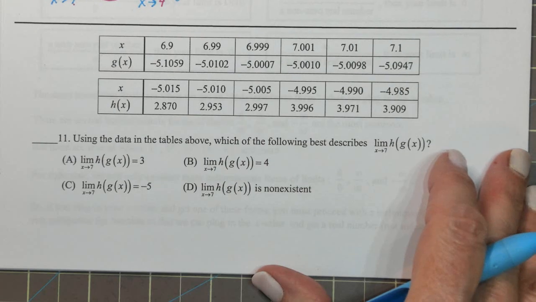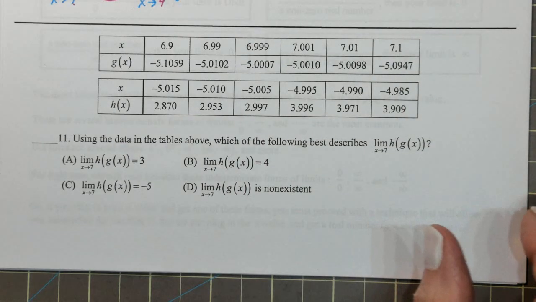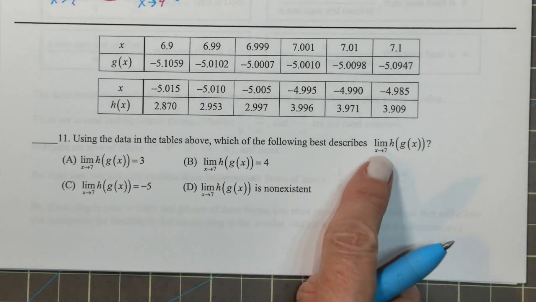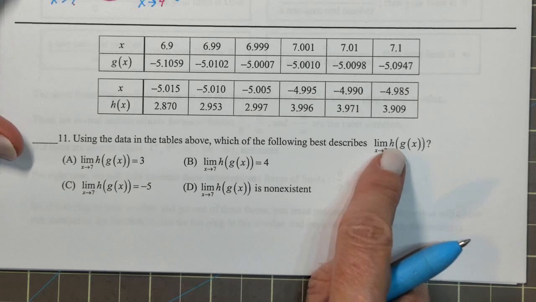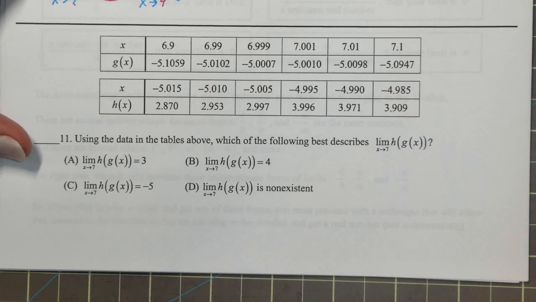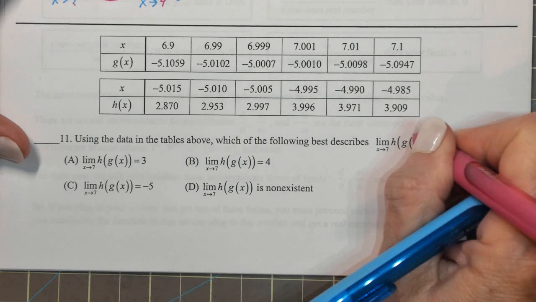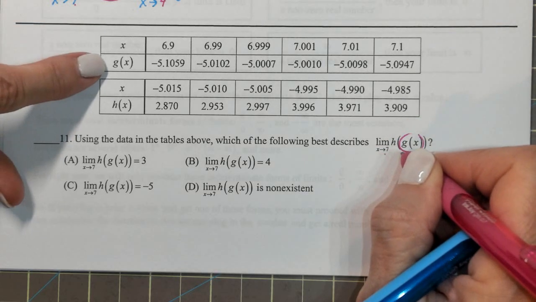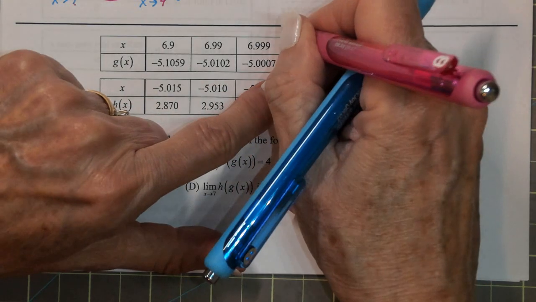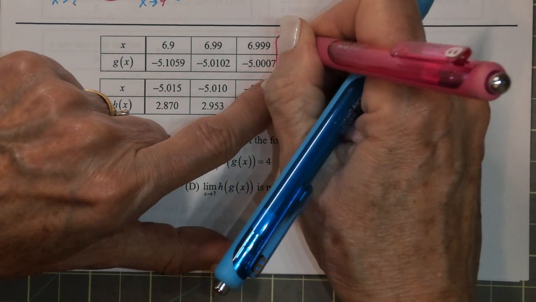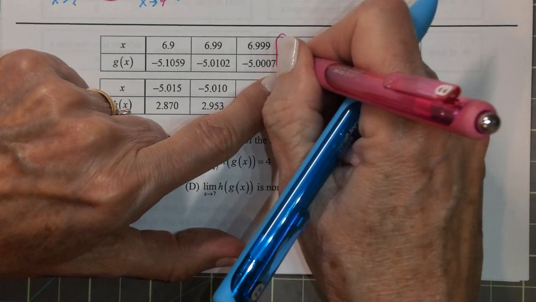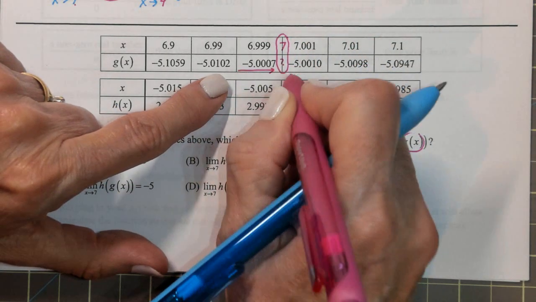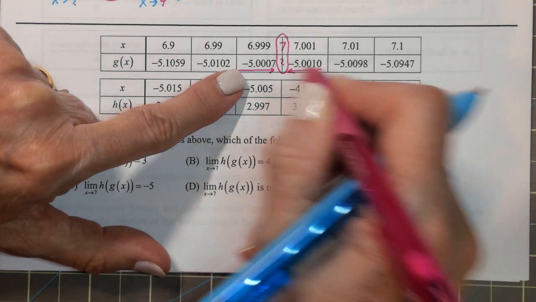This next one is similar, but we're in tables instead of in graphs. Okay, we want the limit as x approaches 7 of h of g of x. H of g of x. First thing I'm going to do is let x go to 7 on g. So I go to g. X's are going to 7. Here's 7. Okay. What is x approaching? On the left, it's approaching -5. On the right, it's approaching -5.